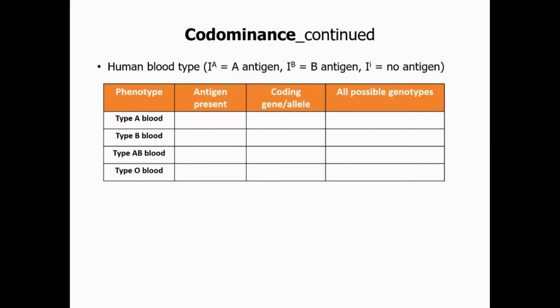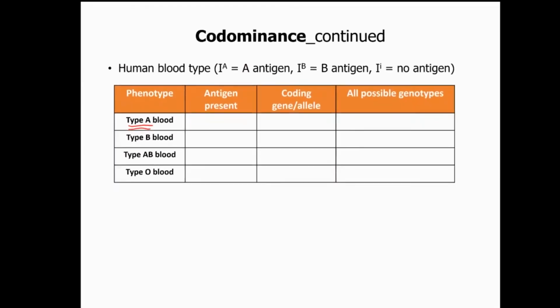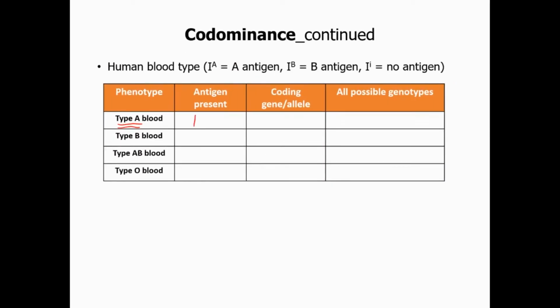Another very useful example for codominance is actually human blood types. We did a little bit of blood type in the blood typing virtual lab, so I will talk about more details when we do the lab test review. For here, just some really quick information. Type A, if you remember from the virtual lab, is really determined by the A antigen present on the surface of red blood cells, right?